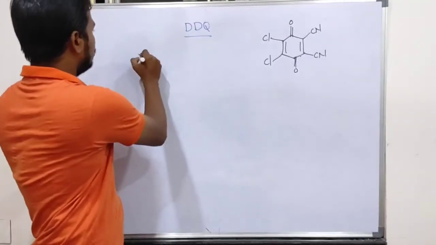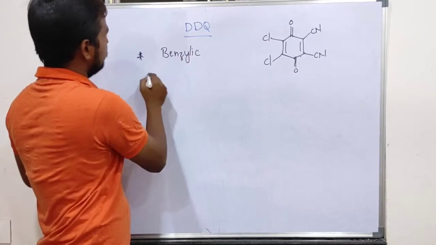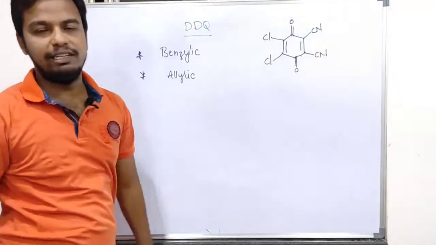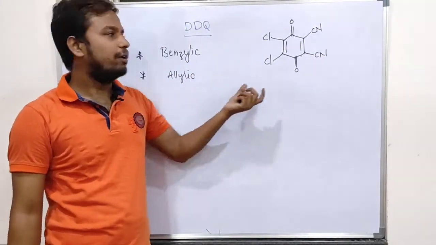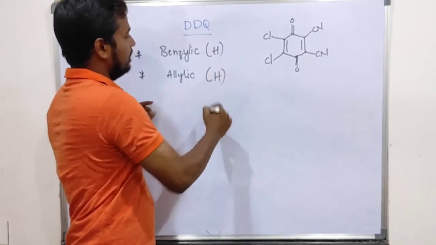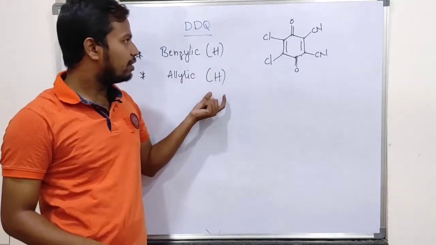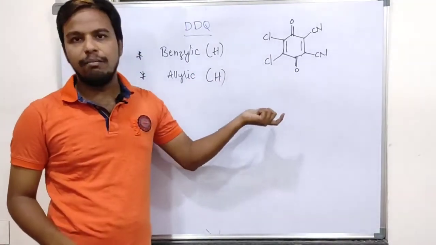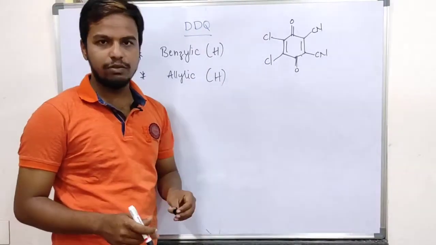Among them, the active species are the benzylic carbon as well as the allylic carbon. In order to perform oxidation, at least one hydrogen should be present at the allylic or benzylic position. Without hydrogens, DDQ will not approach this species. Another reaction might happen. With the help of examples we will see how DDQ acts.